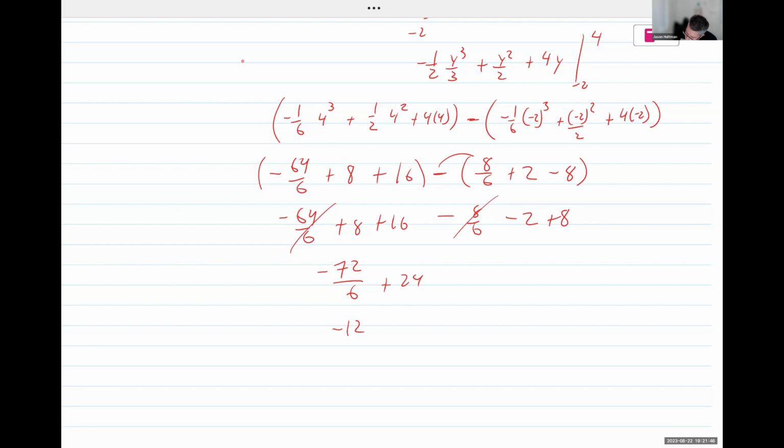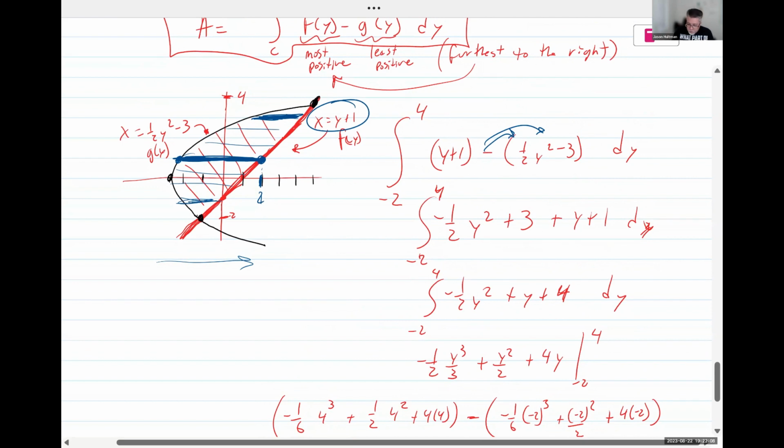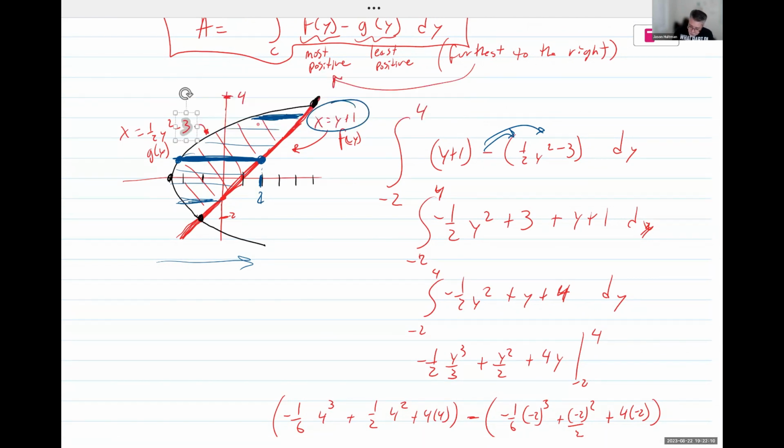Minus 2 and 8 is just 6, right? So this is negative 12 plus 30, which is 18. And that's the solution. It's kind of interesting, we get a whole number of units for the area between these two curves. That whole area is 18 units.